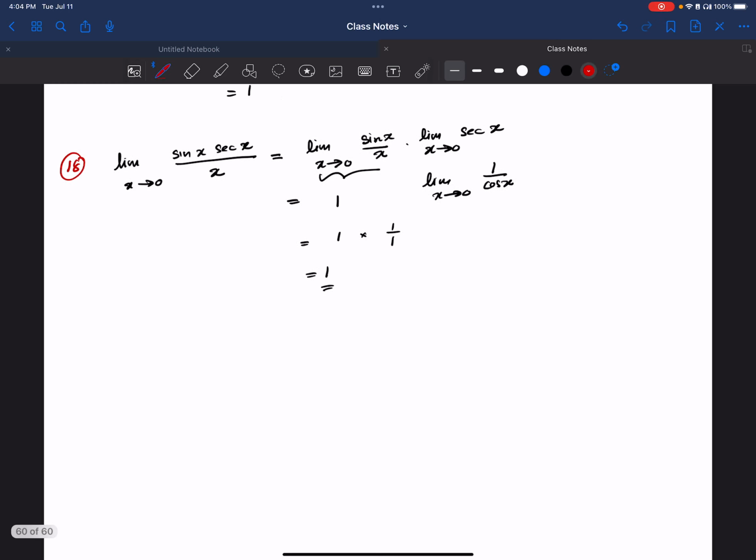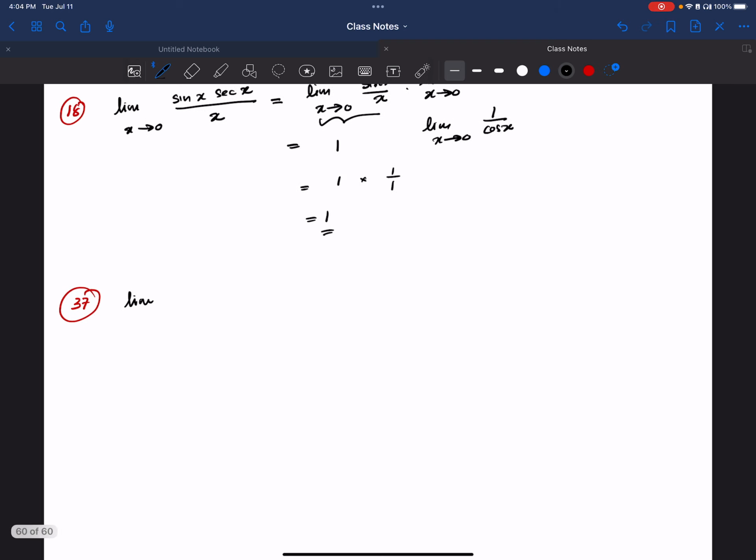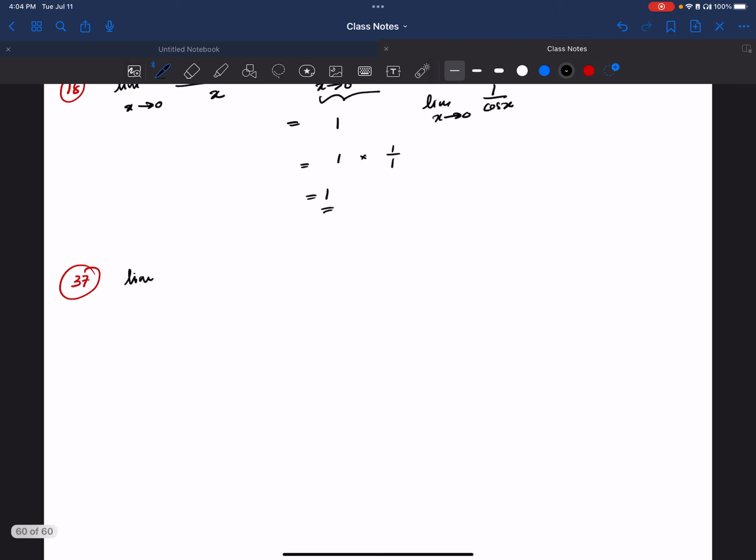Next problem is 37. Limit as h goes to 0 of sine 2h times sine 3h over h squared.